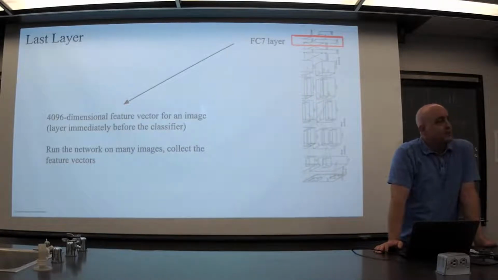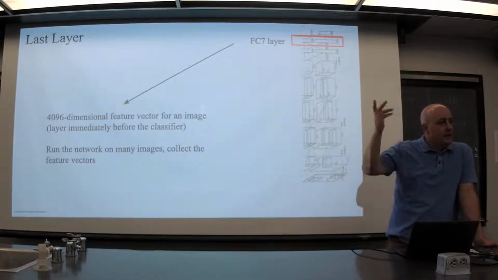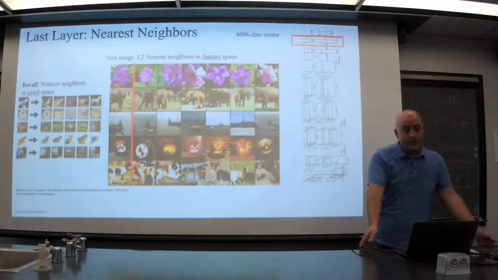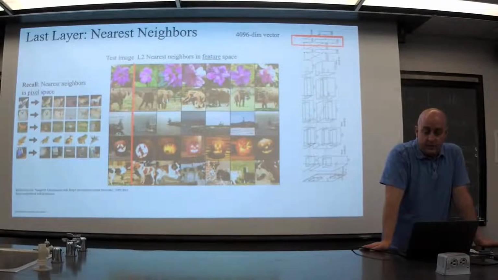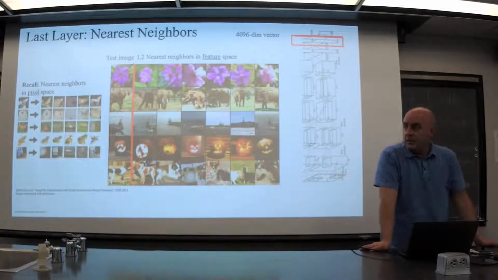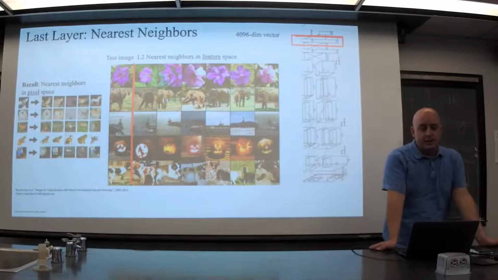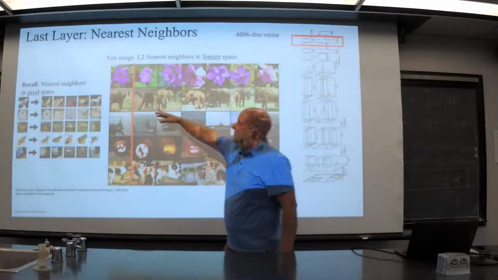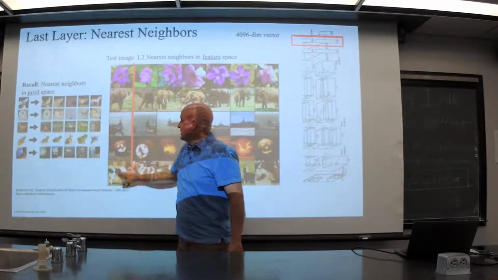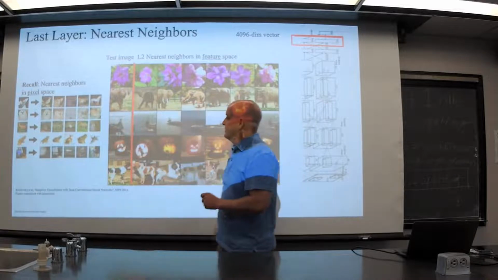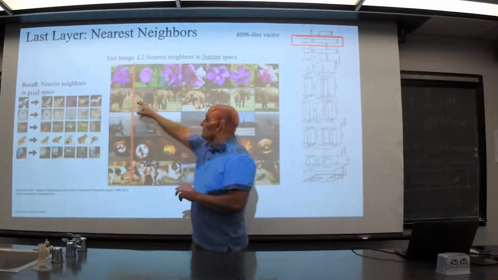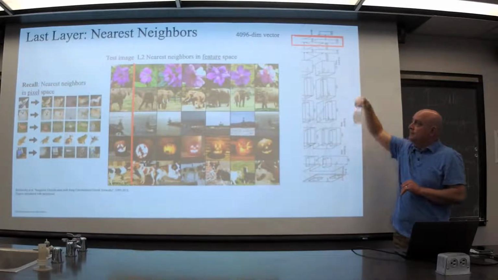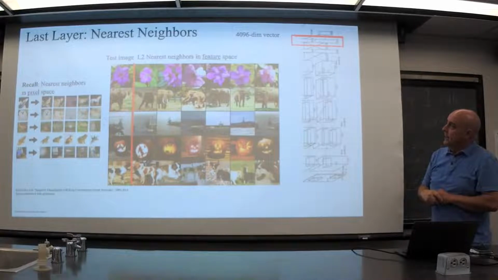So maybe we can start to learn something about what's going on in these networks by thinking about those vectors. One thing that's cool to do is to represent all your images in this way, and then grab an image of interest and transform it to its feature vector in that final layer.